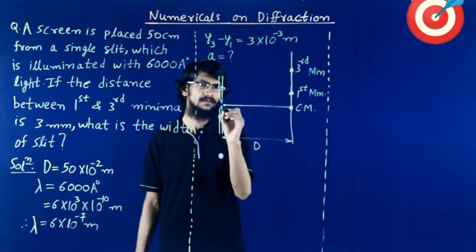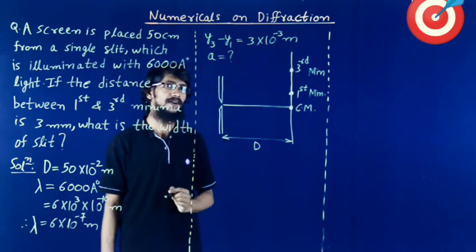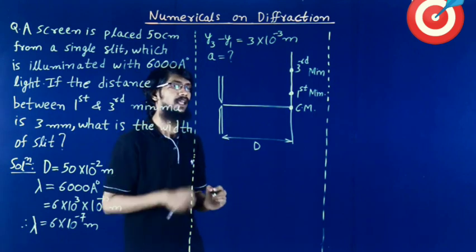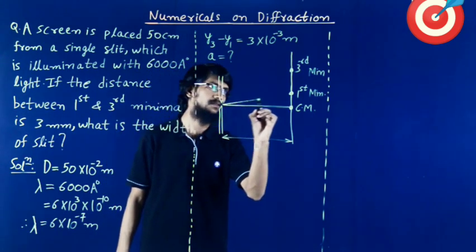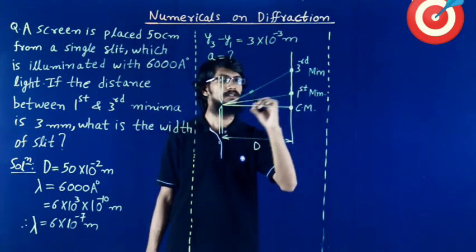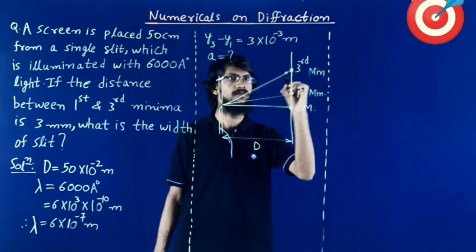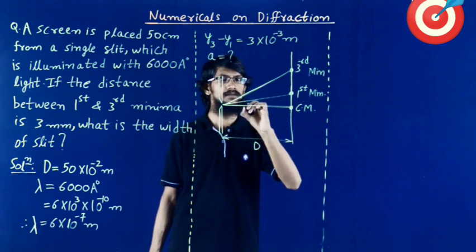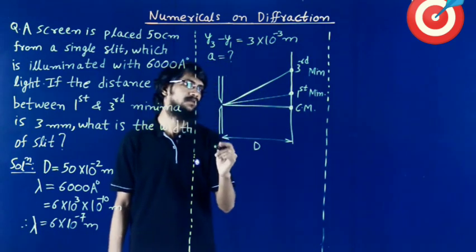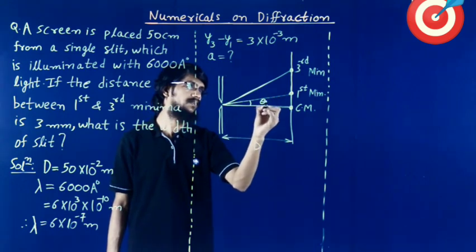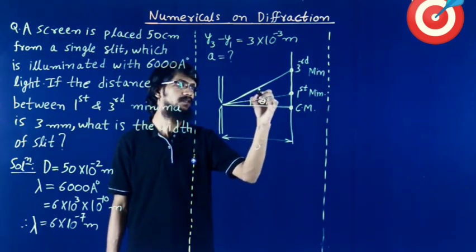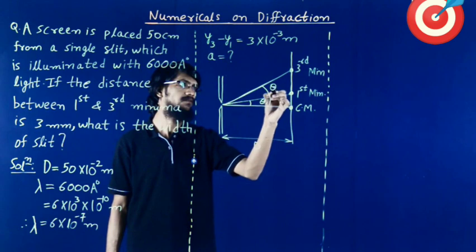Now we need to find the value of A. How to find it? Let's draw these two lines. Here the angle is theta 1, and here the angle is theta 3.